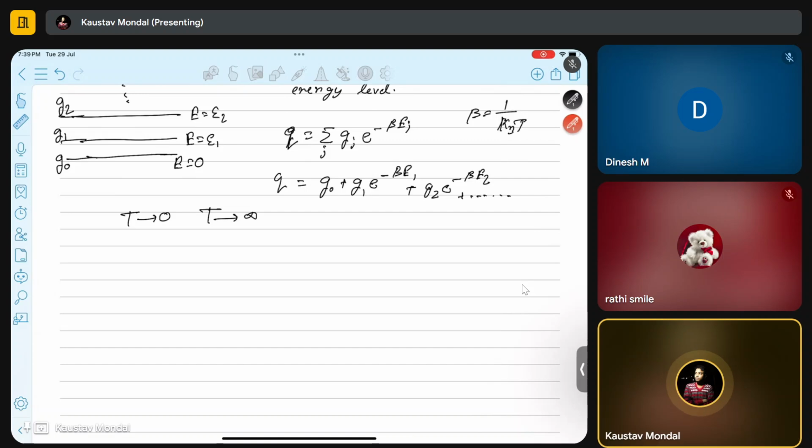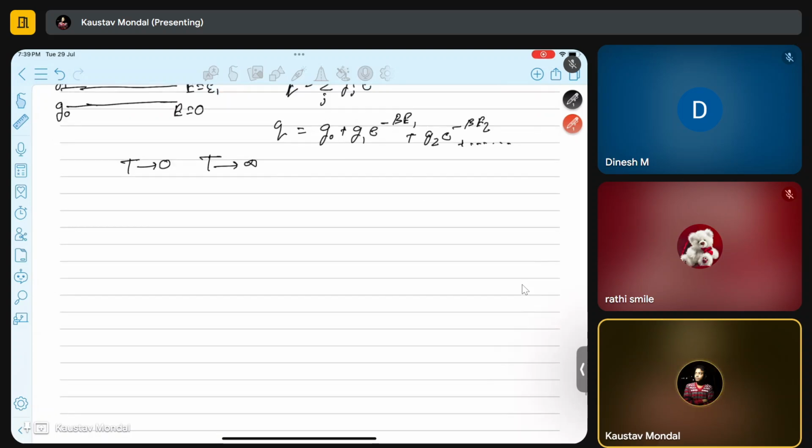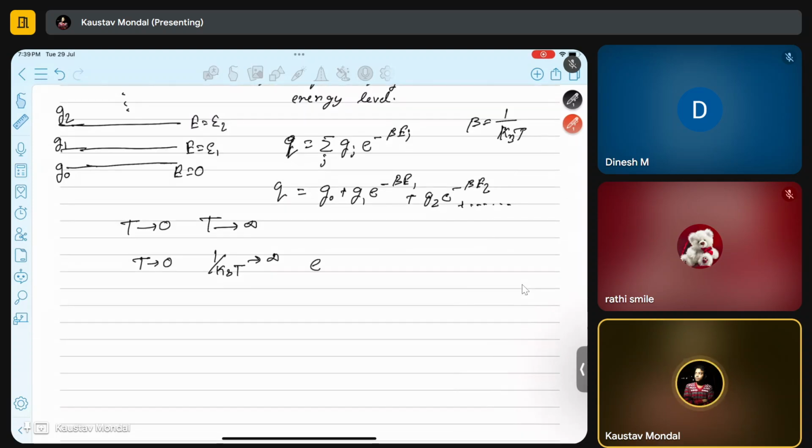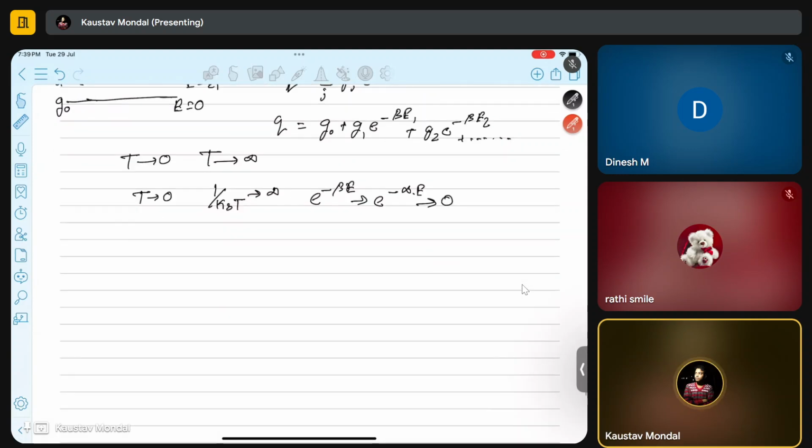So what we find is that when T tends to 0, this 1 by kBT tends to infinity, right? So e to the power beta E, that is e to the power minus infinity, tends to 0. So in the T tends to 0 case, the partition function will be G0 plus G1 into 0 plus G2 into 0.